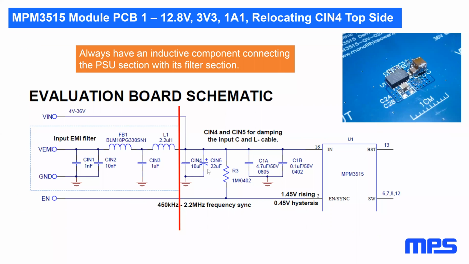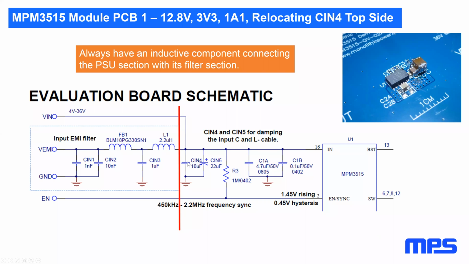In general, what you always should do, if you have a V in on a buck regulator and decouple it locally, if you go to the input filter section, the first element of the input filter section you see from your switching power supply should be an inductive component, be it an inductor, ferrite bead, or whatever.